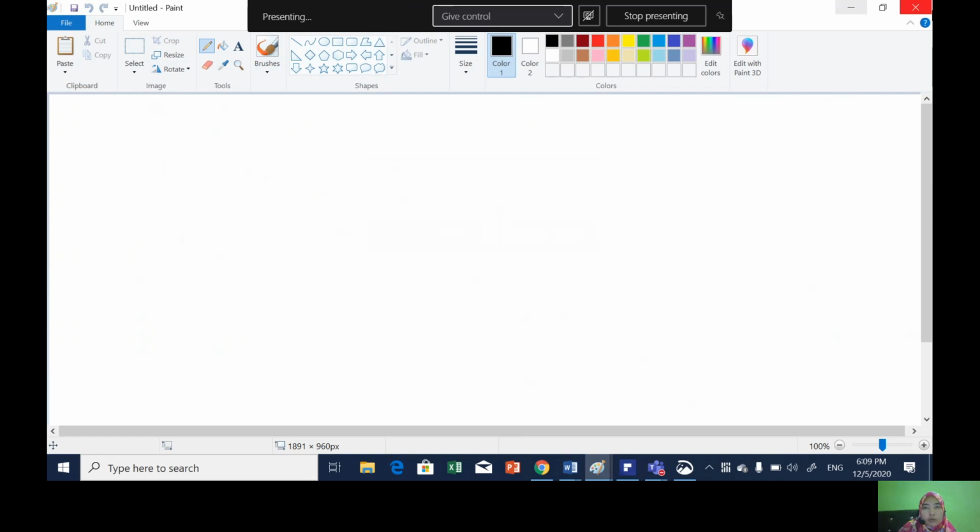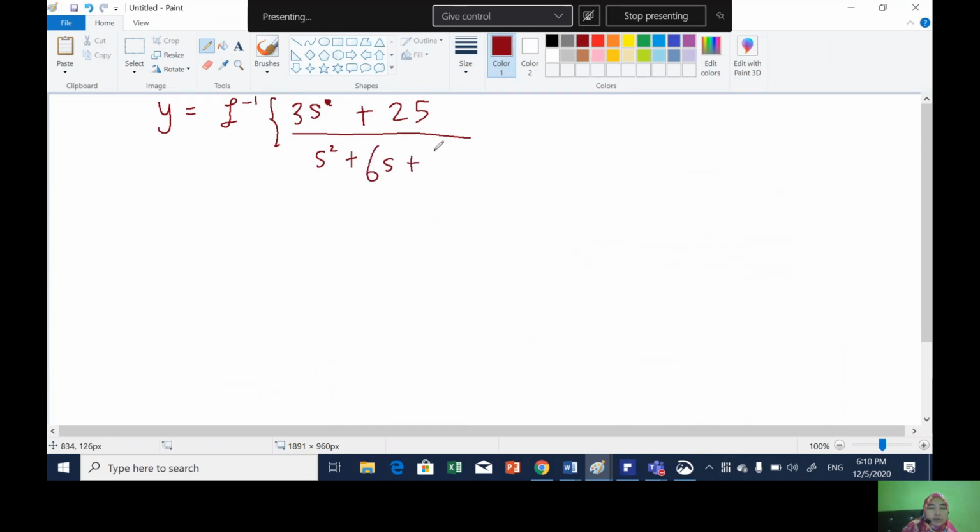I'm going to write down this one again into a new screen: 3s plus 25 over s squared plus 6s plus 13. Okay, so look at here, the one in this bracket, and look at the denominator part.